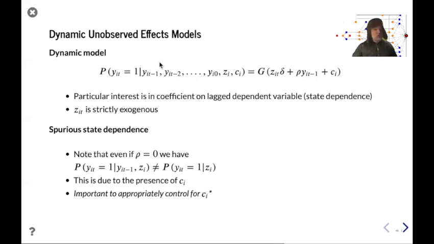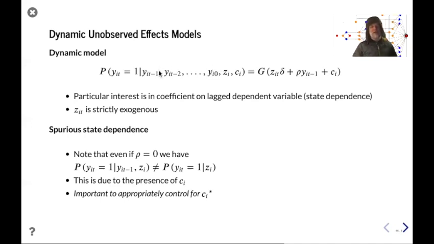Okay. We're still interested in modeling the probability that y is equal to 1, conditional on a bunch of explanatory variables. And what we're going to assume here is that once we have conditioned on the one period back lag dependent variable, then the entire history of the lag dependent variable doesn't matter.